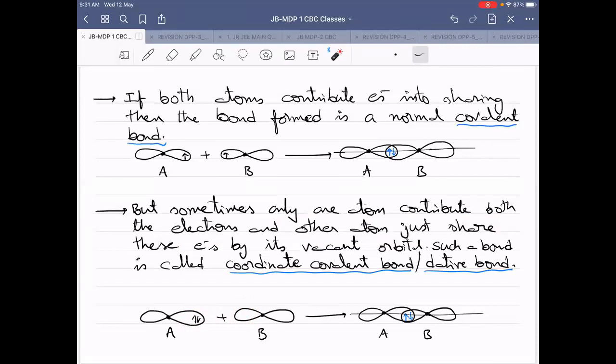When atoms are coming near, it is sometimes possible that one atom may have the electrons, but the other atom opposite to it may not. The atom having the excess electrons can give both the electrons, share them, and form the molecule. Formation of the molecule will decrease the net energy of the system. That means exothermic, which is spontaneous, which is favorable.